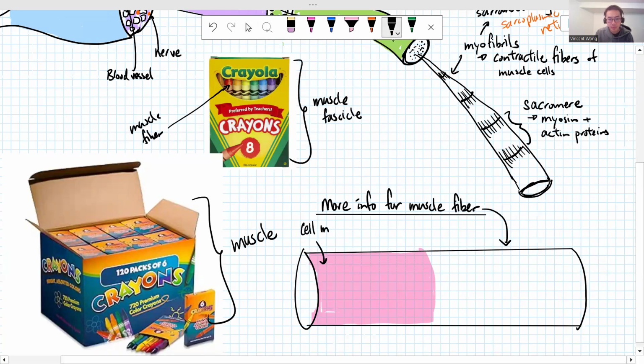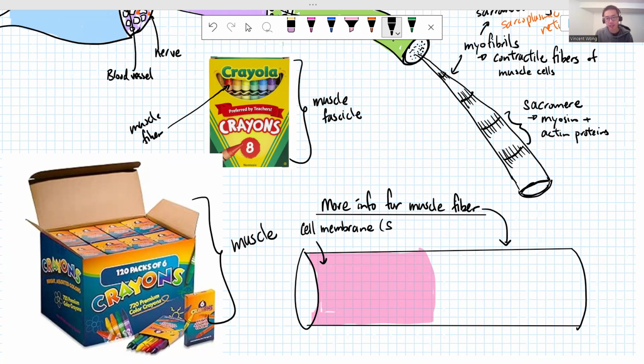Cell membrane, but we have a special name for it. Everything is sarco here, okay? It's called the sarcolemma.